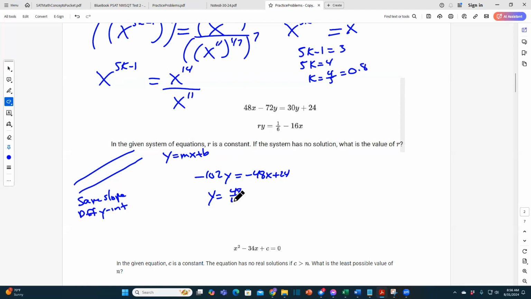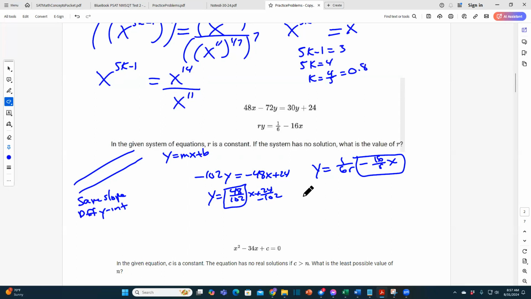So 48 over 102 x plus 24 over negative 102. With the x's, those two negatives will cancel out, so it gives you positive. Now in the second equation, divide by r, y will equal 1 over 6r minus 16 over r x. Now we're in slope intercept form, but the x is second, so you gotta pay attention to that.